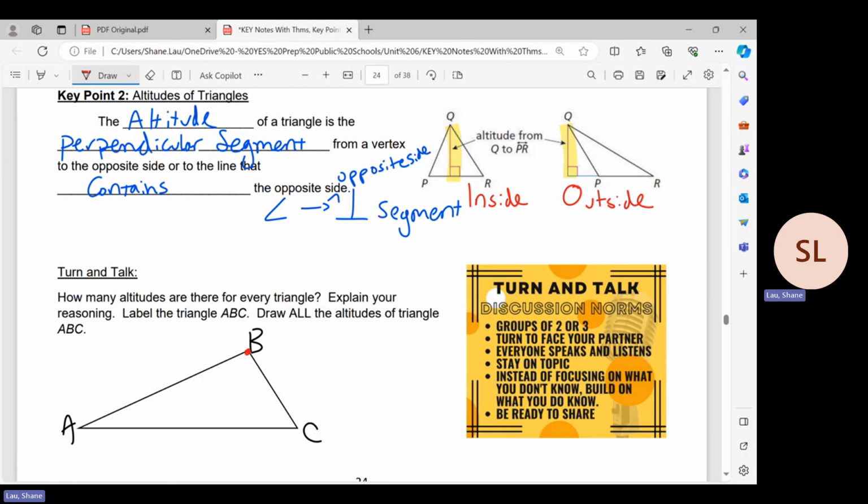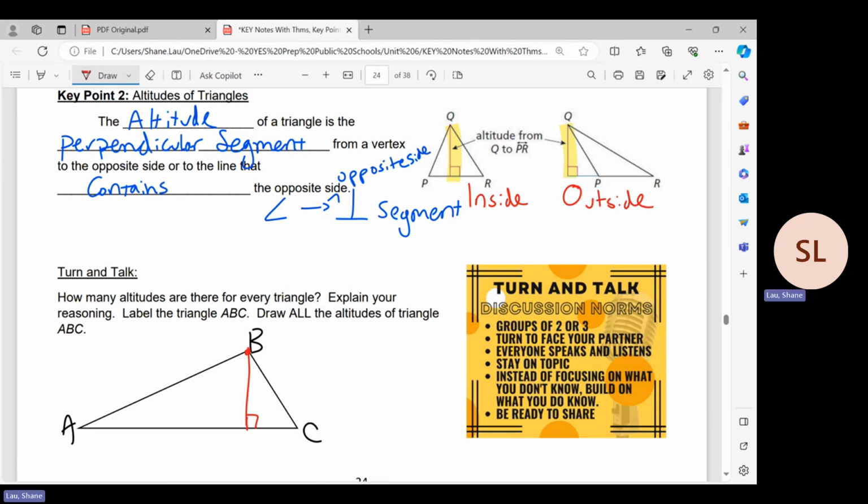So opposite side for us is AC. And we have to make a perpendicular angle with AC. Of course, we can't really measure everything out, not with a protractor at least, but we can estimate pretty darn well. We'll say that's 90 degrees. And that's our altitude.